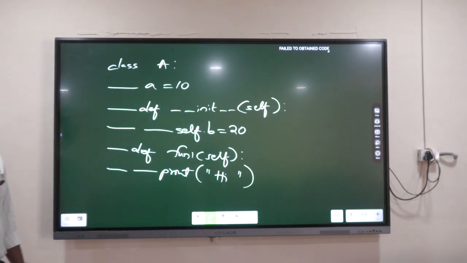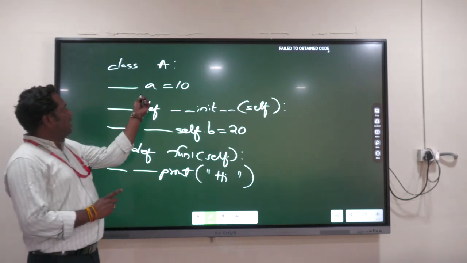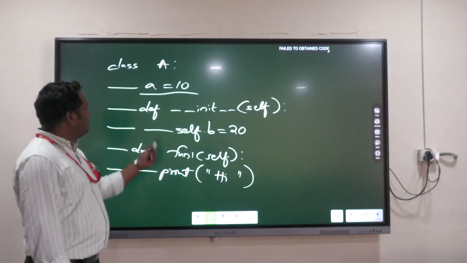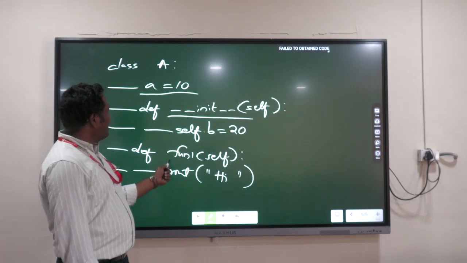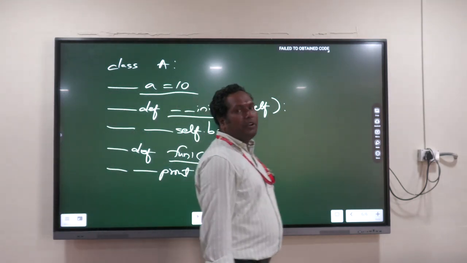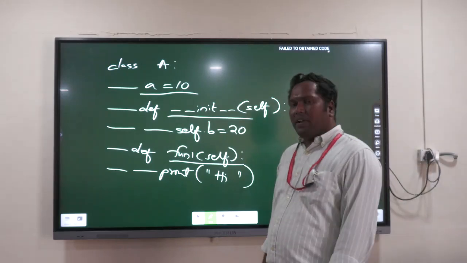So here I have defined 3 members inside of a class. A is representing 1 member. The init I can consider as a member of a class. Function 1 is going to be considered as a member of a class.